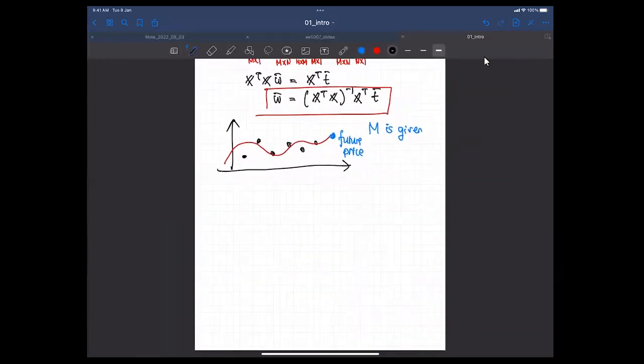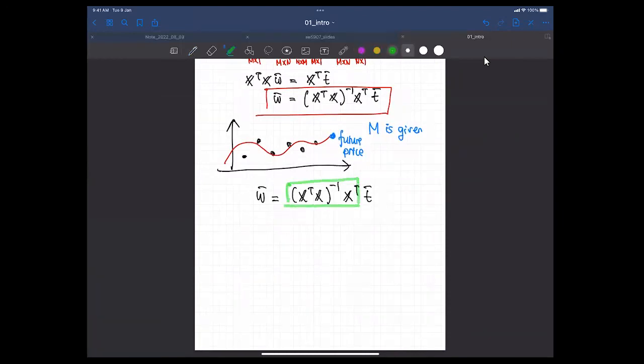Okay, if there's no question, we write W bar equal to X transpose X inverse X transpose T bar, right? So actually, this is the definition of what?